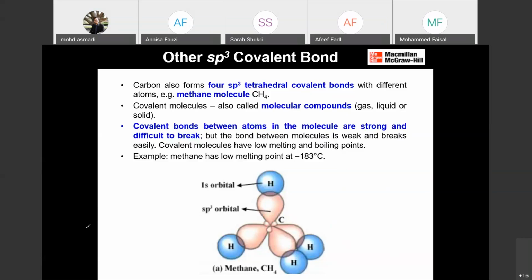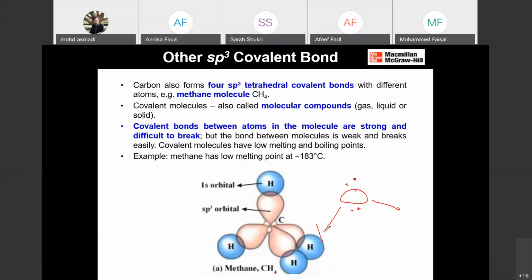Like water, right? The geometry of water is not going to be linear. The geometry is going to be more angular because of the presence of the lone pairs. In water, there are two lone pairs, so it's not going to be linear.